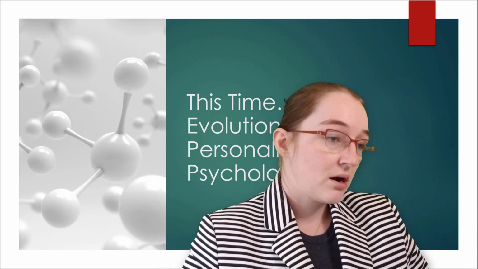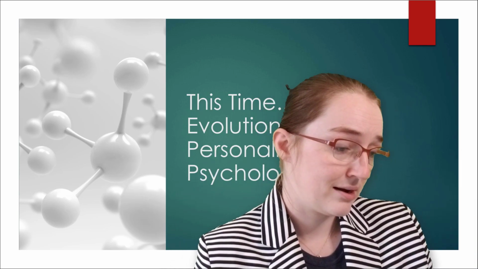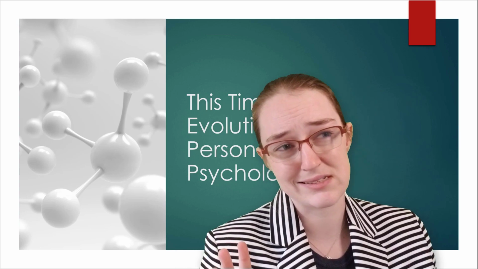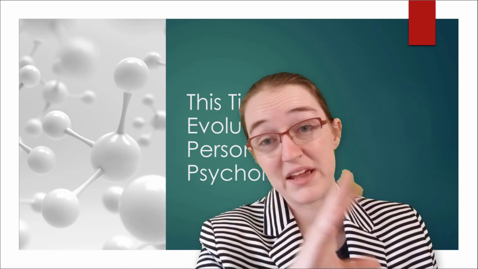that was designed to be pretty efficient. This time we are going to talk about evolutionary personality psychology, because there is a chunk of it. You may notice that this is also chapter 9, along with the behavior genetics unit.